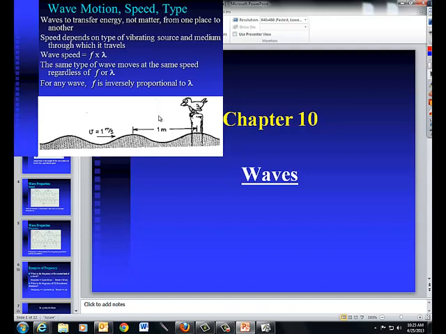Right now, as you listen to my voice, there is a medium that is transferring the sound of my voice to your ear, and it's all the air particles that are captured in this room. So as I speak, my voice goes from air particle to air particle to air particle to your ear.